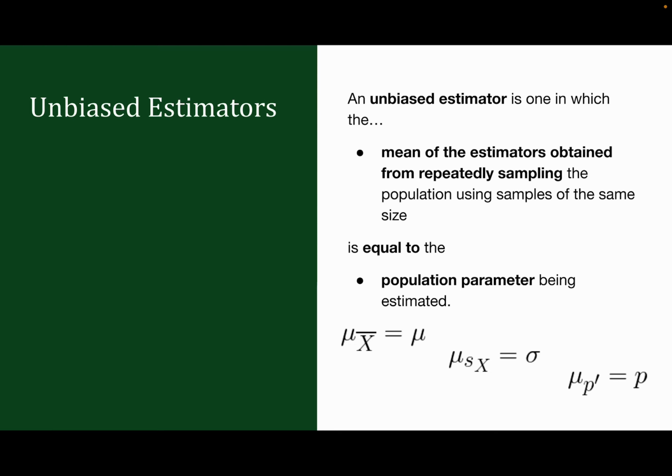If we're estimating standard deviation, we expect that the mean of the sample standard deviations is equal to the population standard deviation. And if we're estimating proportions, we expect that the mean of the sample proportions is equal to the population proportion. And these are all things that we expect to see when we deal with sampling distributions.